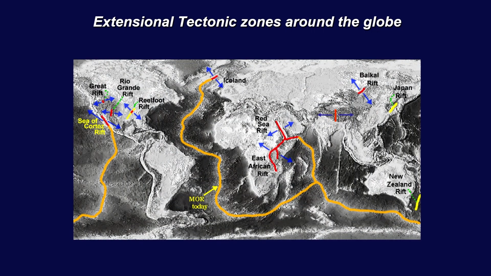The extension tectonics, again if you see the distribution of that, is shown with the red bold line, and the blue arrows are indicating the direction of extension which is going on. As we discussed, this is the part of the East African Rift, and then again the extension is also there in the Red Sea Rift.